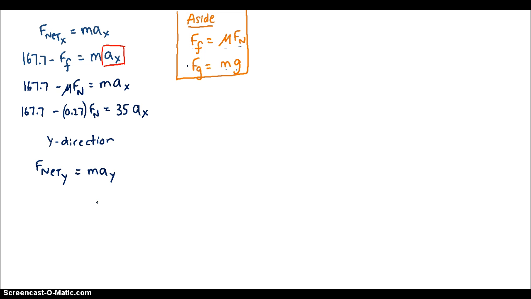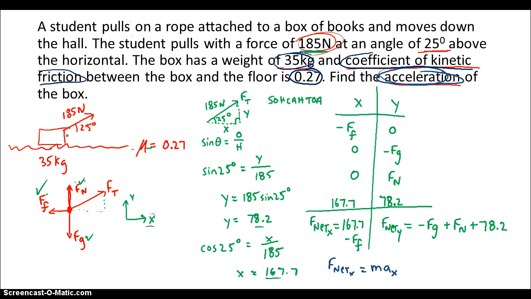Now, there's one thing we've got to notice here, right? Our box is accelerating in the x direction. That's the direction of the acceleration. It's not accelerating in the y direction. We don't see this box levitating off the ground as it moves. It's just going to move straight in the x direction, not in the y direction.